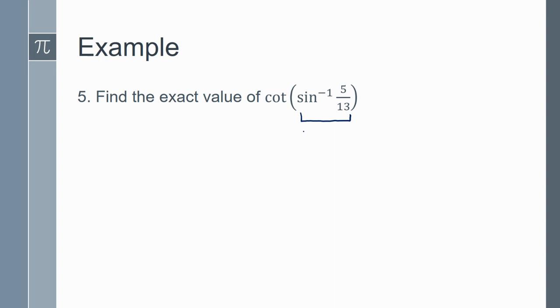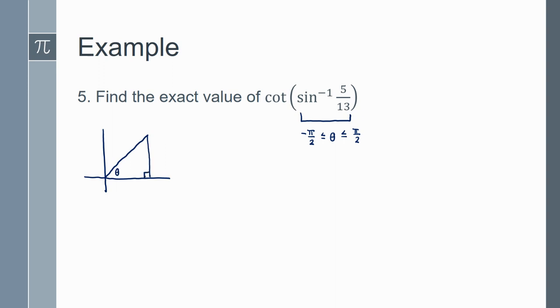Inverse sine means we're looking at going from negative pi over 2 to positive pi over 2. Means we're focusing either on the first or the fourth quadrant. Because the ratio that I'm giving you, 5 over 13, is a positive number, that means I want to focus with drawing that picture in the first quadrant.